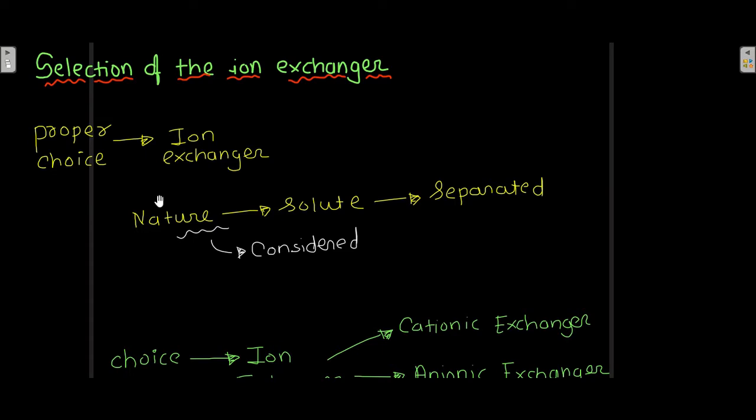Now, while choosing a proper ion exchanger, one should consider the nature of the solute that he or she is going to separate. The nature of the solute is important while choosing an ion exchanger.